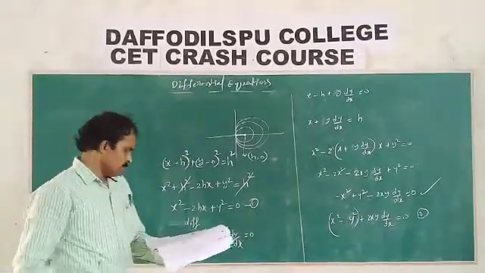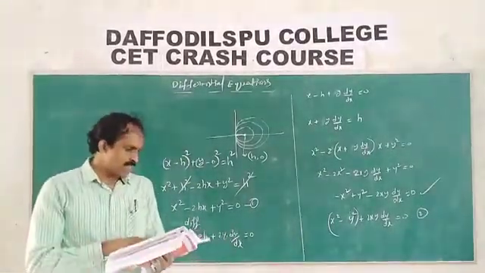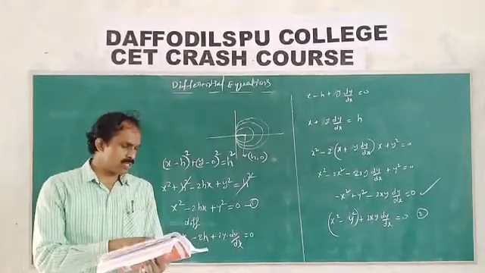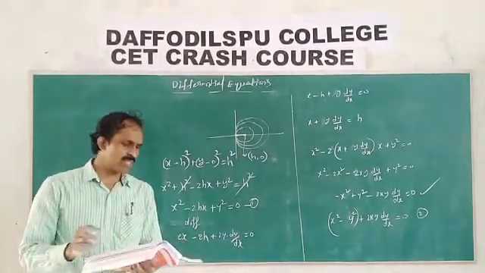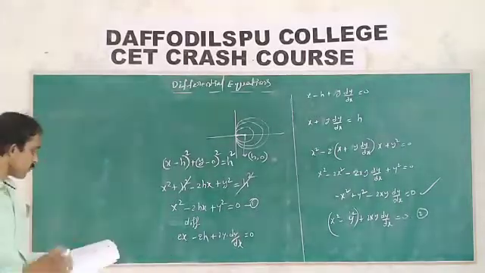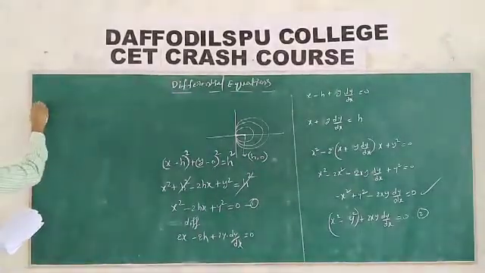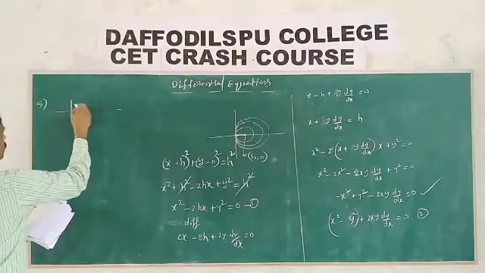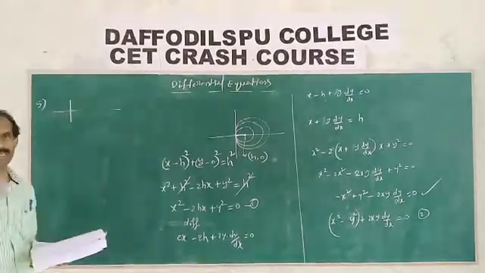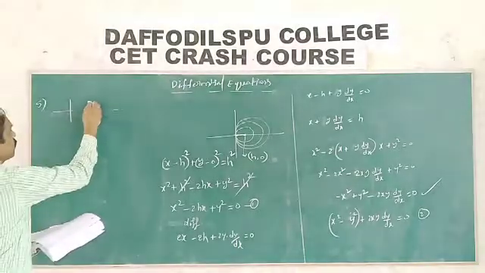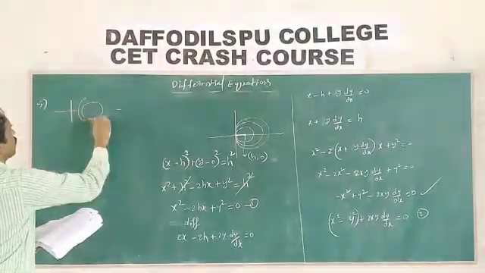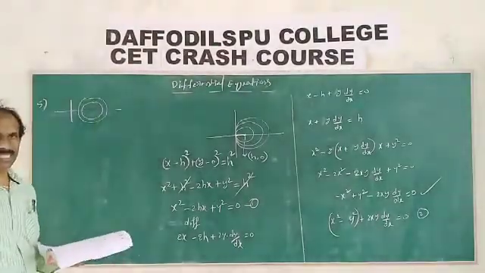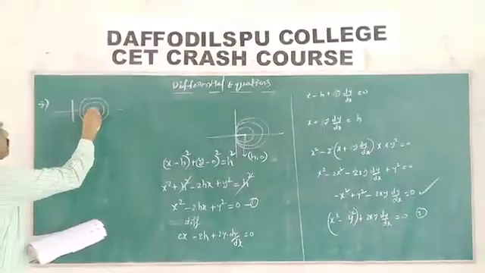Right. Next, the differential equation of the family of circles whose center lies on x-axis. Whose center lies on x-axis. Some circles here, I will not ask touching y-axis. Some like this one, center lies on x-axis, so the radius is different somewhere.